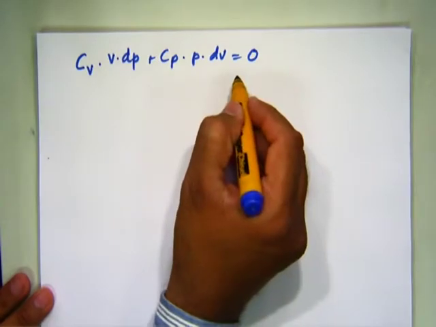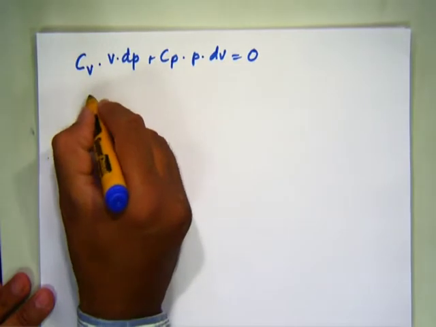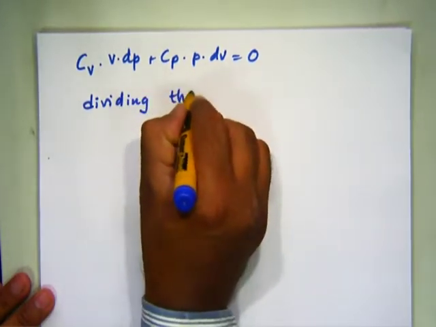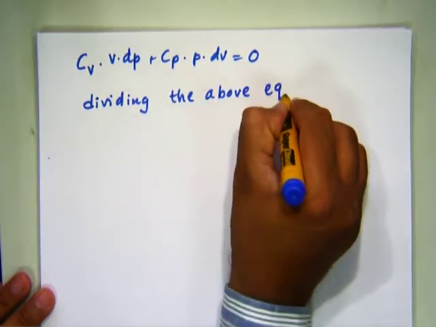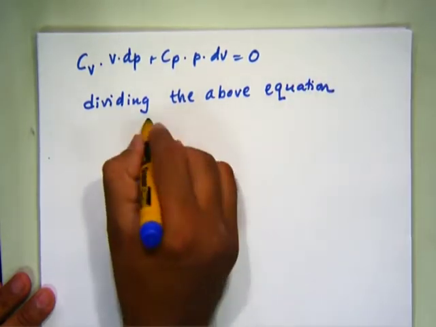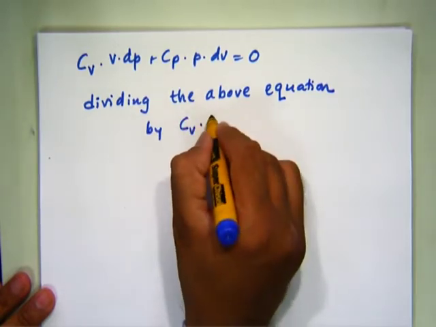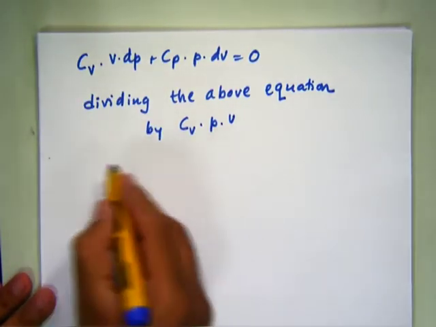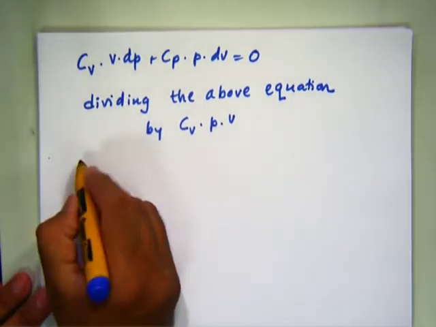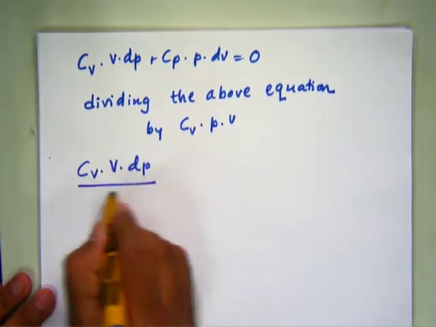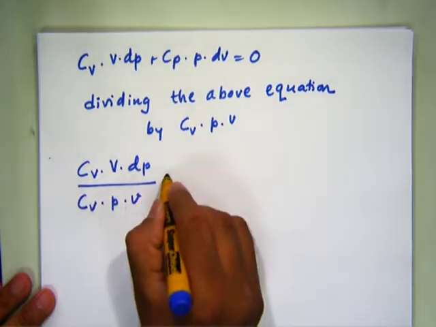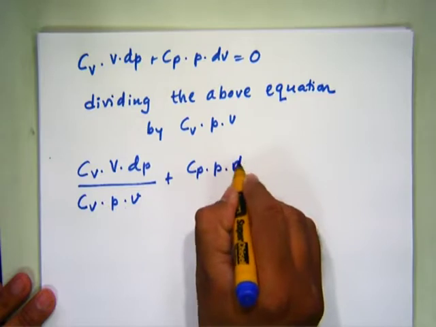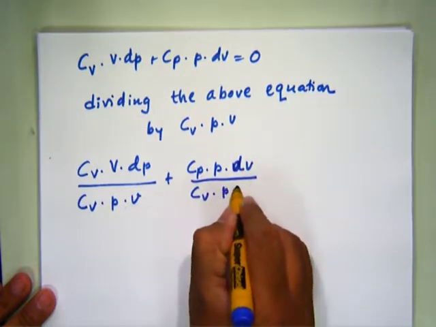Now, dividing the above equation by Cv into P into V, we get Cv into V into dP divided by Cv into P into V, plus Cp into P into dV upon Cv P V is equal to 0.